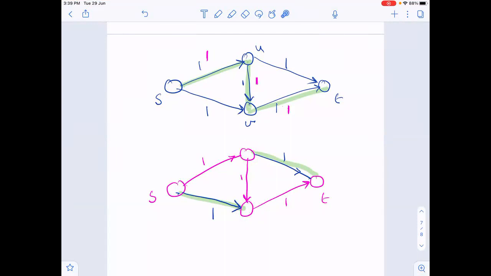At this time, this vertex U is giving V 1 unit of flow, right? So think of it as water, okay? So 1 unit of water is flowing down from U to V. What happens if I push 1 unit back and try to push it through? What happens?